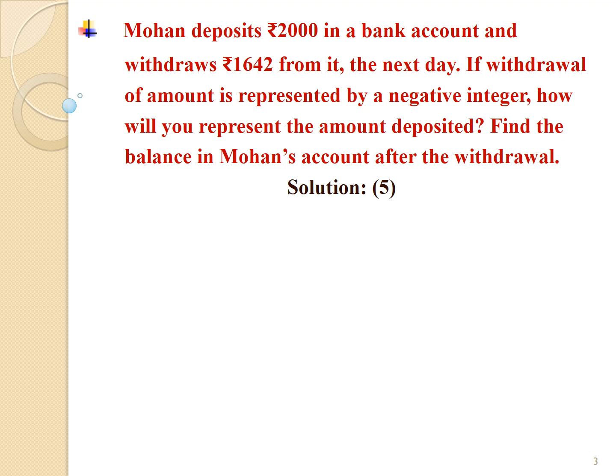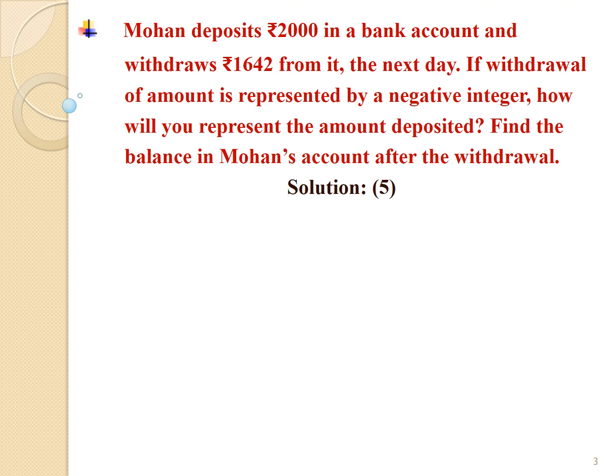So, let us solve question number 5. After writing the necessary information given to us, we find the balance in Mohan's account after withdrawal by adding both the deposited amount and withdrawal amount.